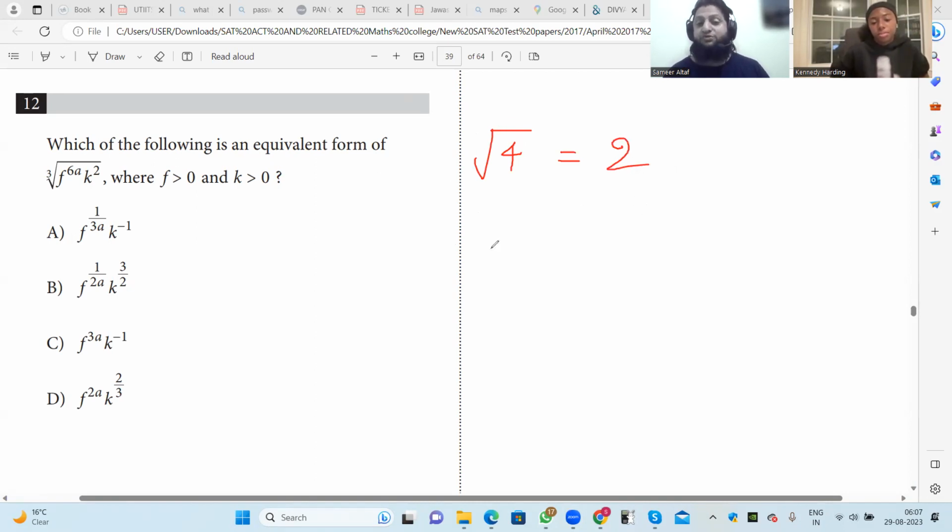Because square root actually means raising to the power 1/2. And 4 is actually 2 squared, correct? 2 squared is raised to the power 1/2. So by the third rule of exponents, when you have a power raised to a power, you multiply the powers. 2 times 1/2 will be how much?